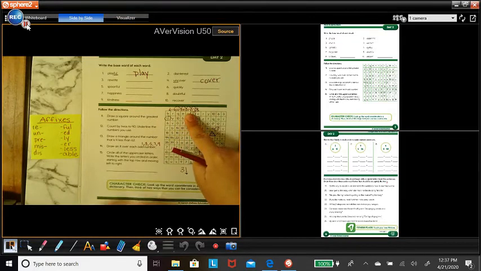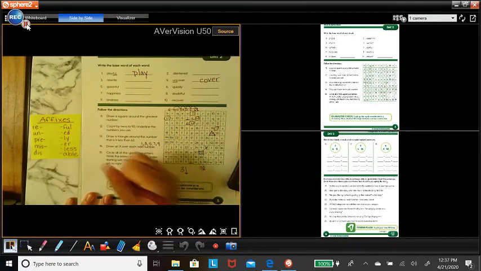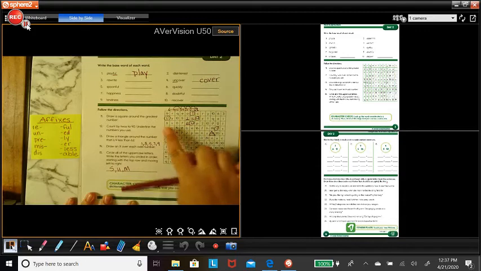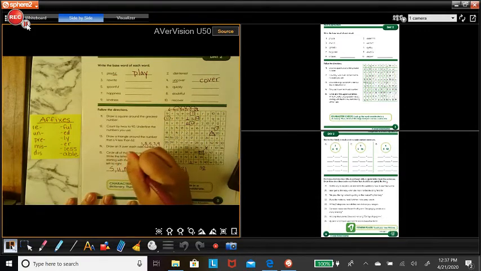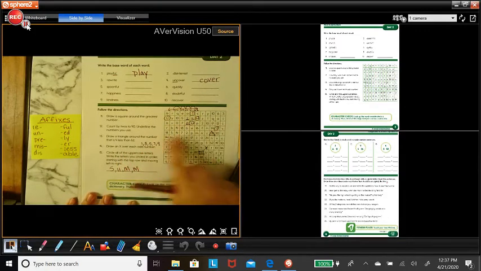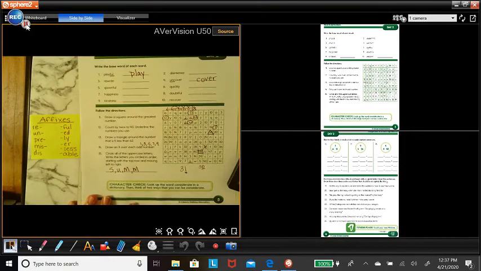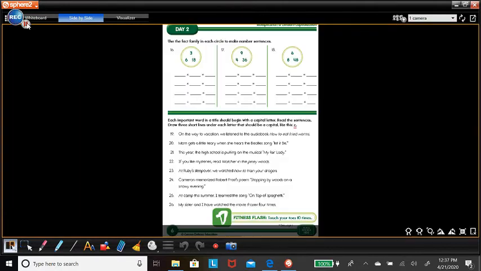So which one is that? S, and then U, because there's no more here, and then M, and then another M, and you keep going like that until you finish the whole chart. Okay, that's what you're doing on page 5.